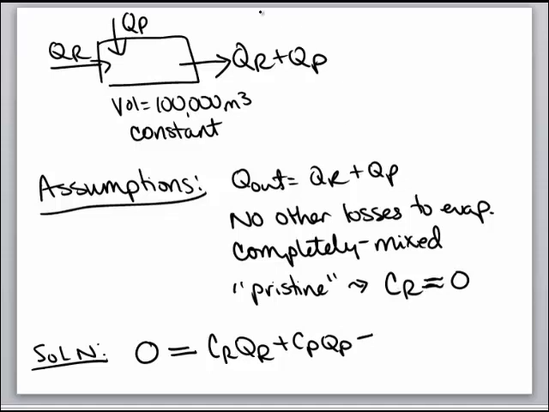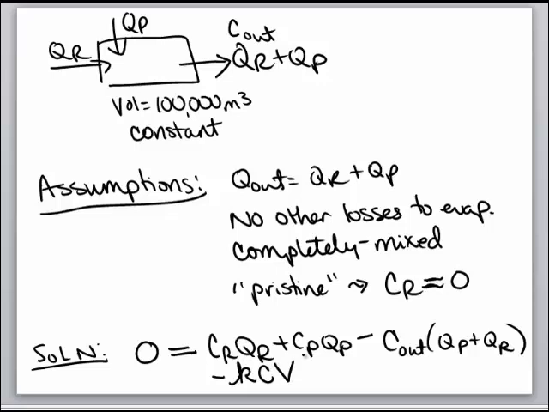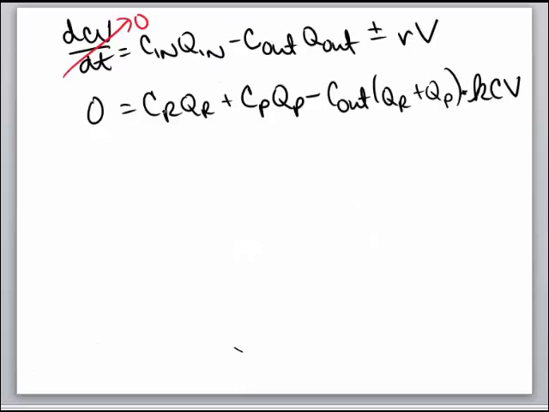minus the concentration going out times the flow rate going out minus the decay rate times the volume. We assumed that the concentration of the river, since it's pristine, is negligible.